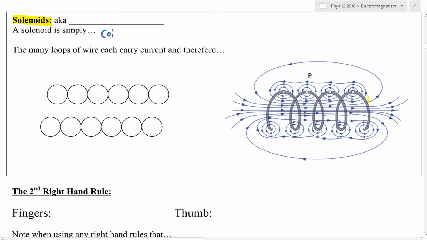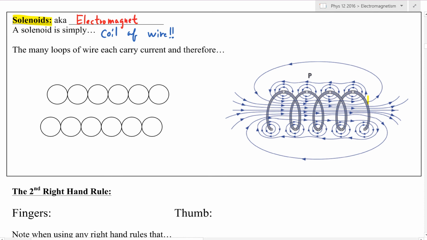It's basically just a coil of wire. A solenoid is also called an electromagnet, and it's going to be our main focus for the rest of the year.